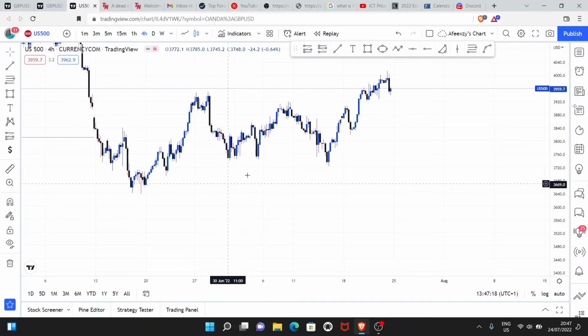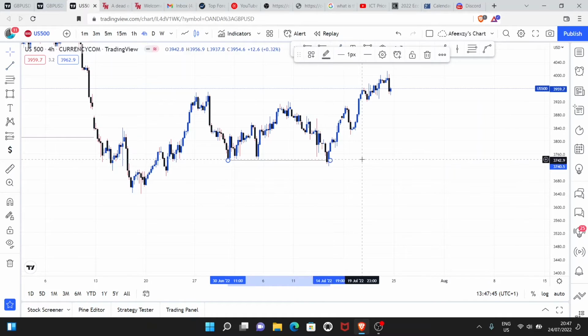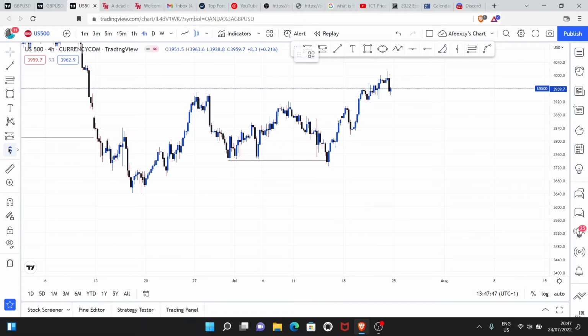It made relative equal lows here, and on a day trade, someone can take this as a nice buy. But no, this was a relative equal lows, which was cleared here.